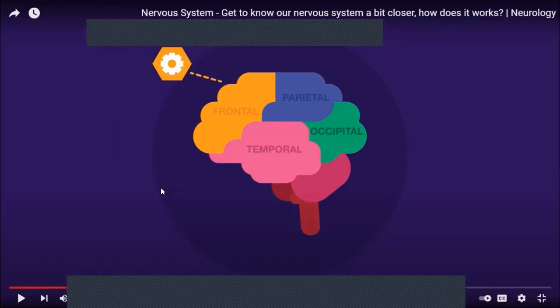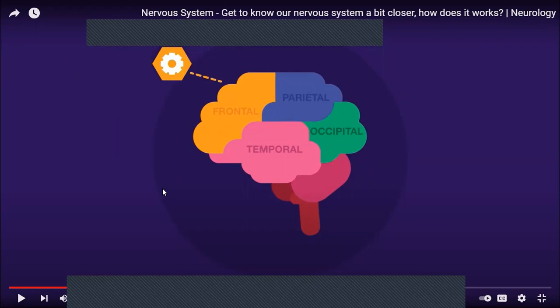This is the first part of your brain, which is called cerebrum. Cerebrum is the biggest part of your brain, and it is divided into 2 halves, called 2 cerebral hemispheres. They have a lot of folds because they are included in a small area.